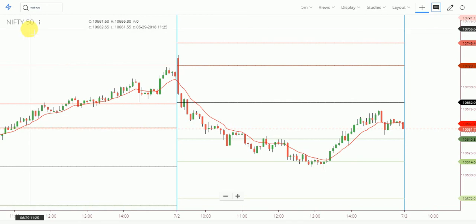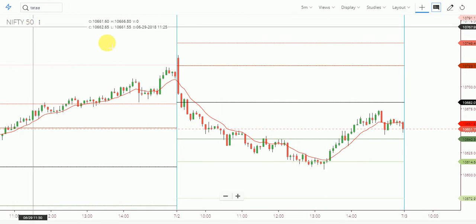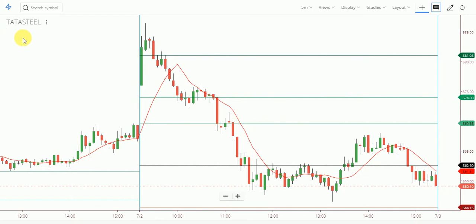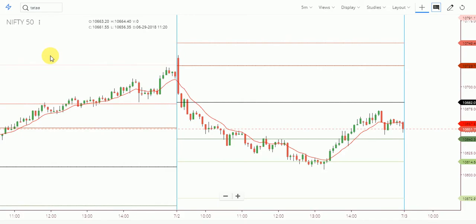So believe in and follow the king. Who is the king? Nifty is the king. If the script is listed under Nifty, then follow the king. If it is not listed, don't follow.